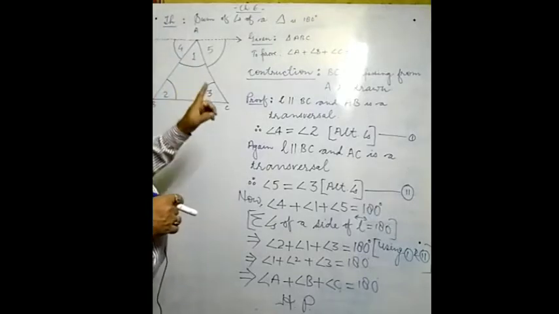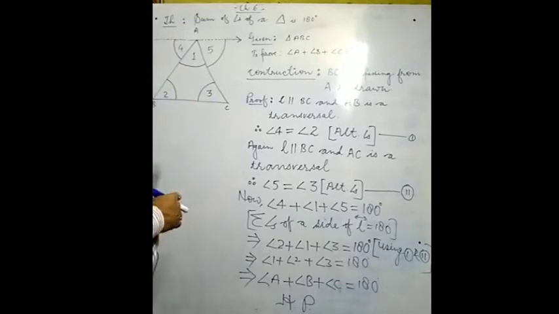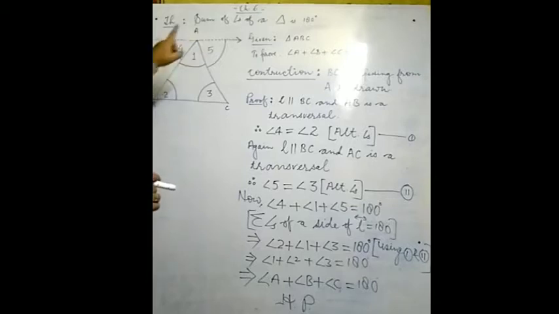What additional part is there? This one is line L. This line L, parallel to base BC, will be drawn passing through point A. Once again try to follow. A line L is drawn parallel to base BC passing through vertex A.